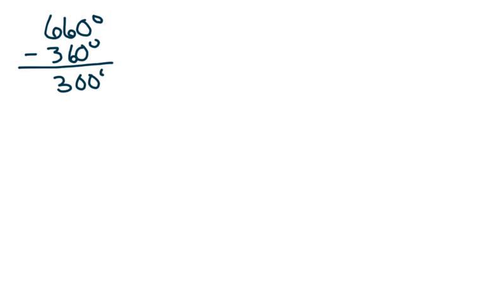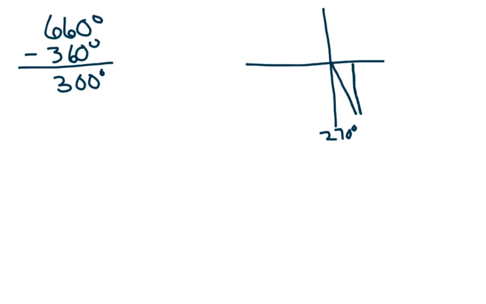Okay, the next one we're going to do is 660 degrees. I'm going to subtract 360 to find a coterminal angle, and I get 300 degrees. So I'm just going to look and see where that is. 300 degrees is right about here, because this is 270. All right, I'm going to draw my angle up here.